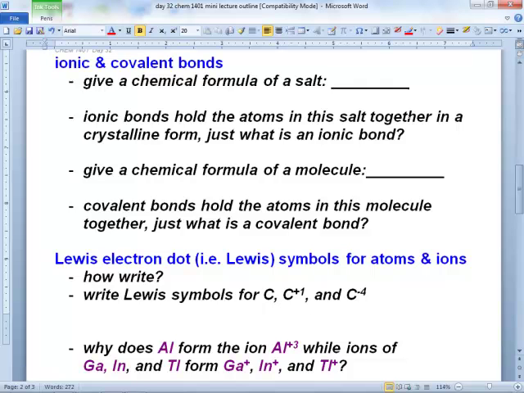Jasmine, please give me a chemical formula of a salt. Any salt. Now, I'll give you a hint. With salts you had to name the cation first, and then you name the anion.